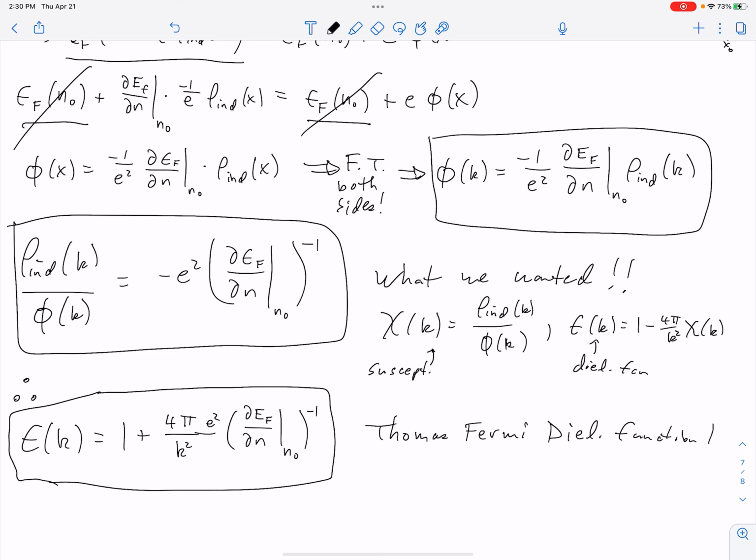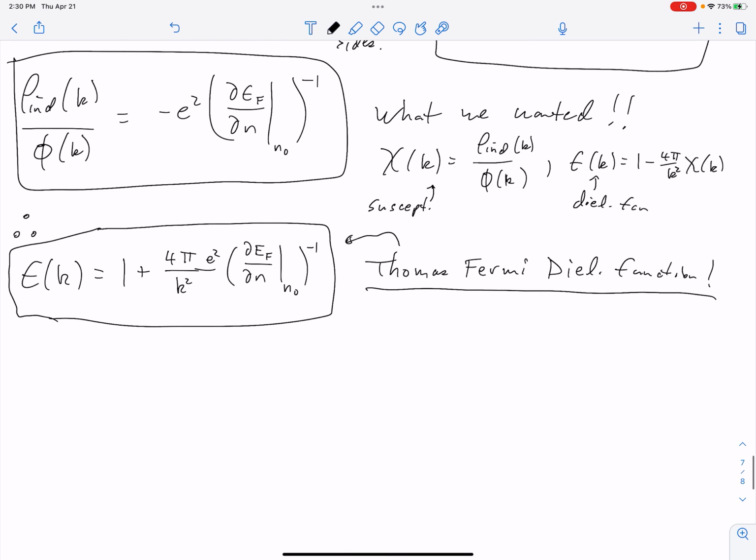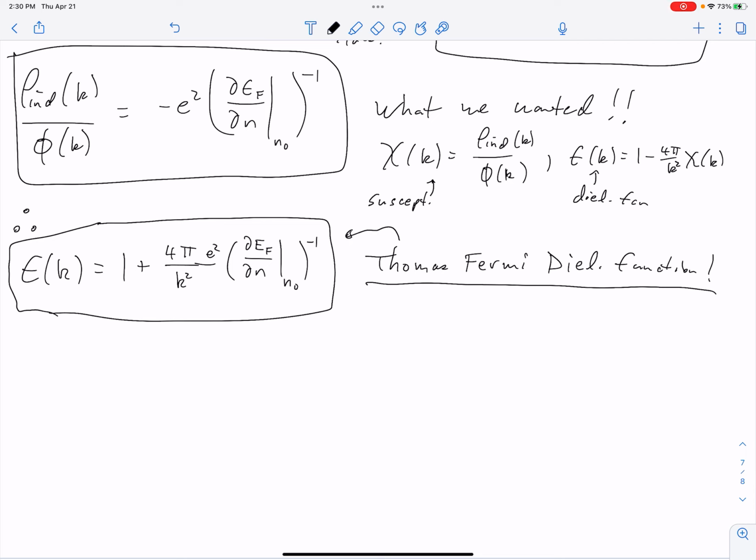And it's traditional for us to define this wave vector, we'll call it k_s, and the s is for screening, because this is all an expression of how much things are going to screen.